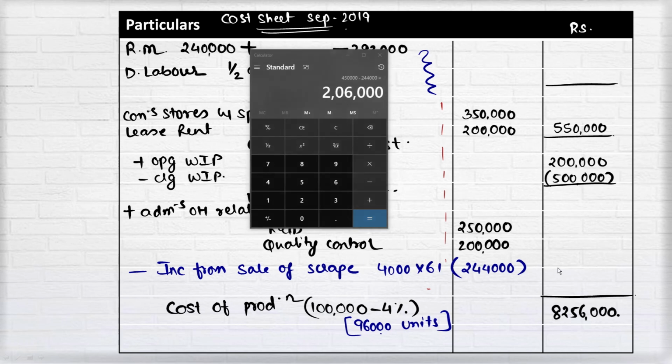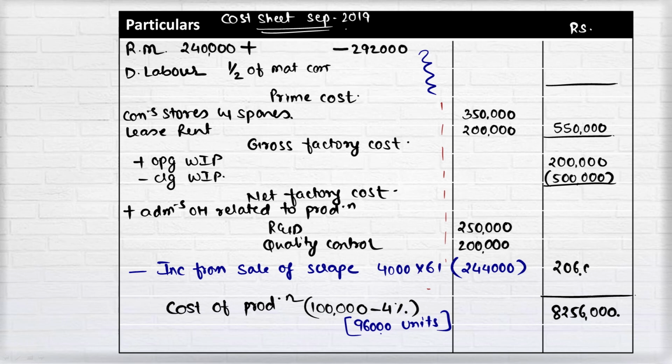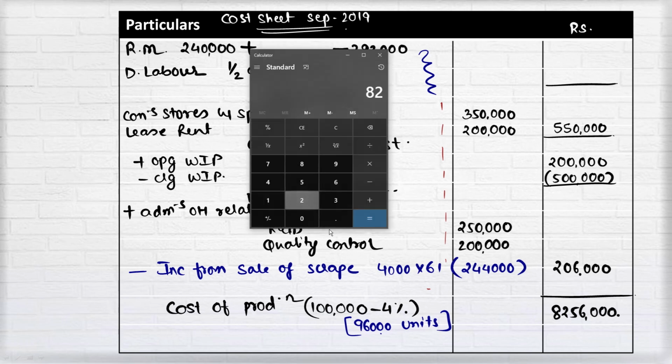It is 2 lakh 6,000. If this was 2 lakh 6,000, what would be net factory cost? Net factory cost will be 82 lakh 56,000. Instead of doing plus, I'll be doing minus. 2 lakh 6,000 is 80 lakh 50,000.